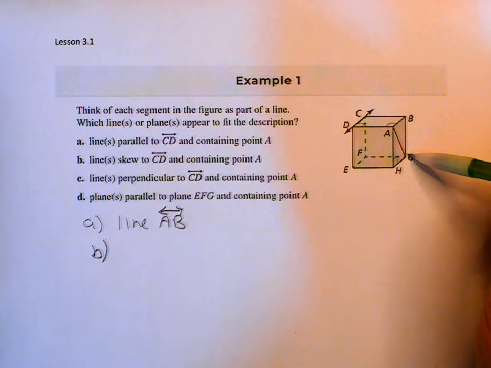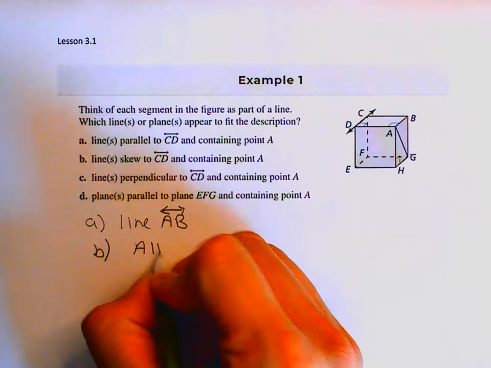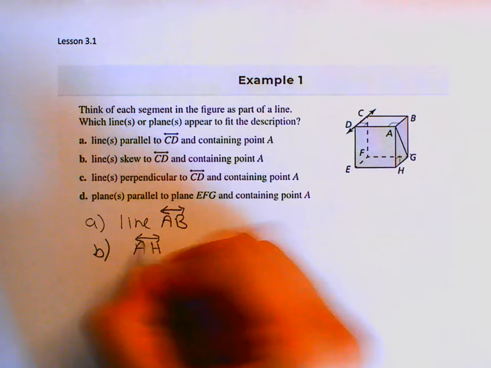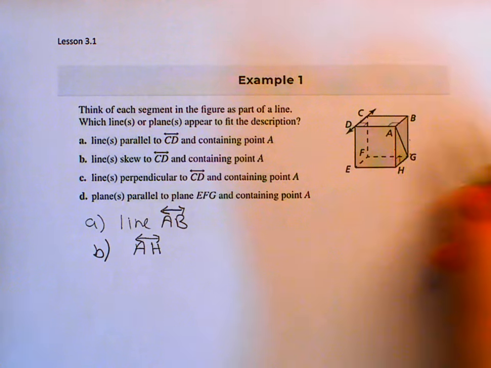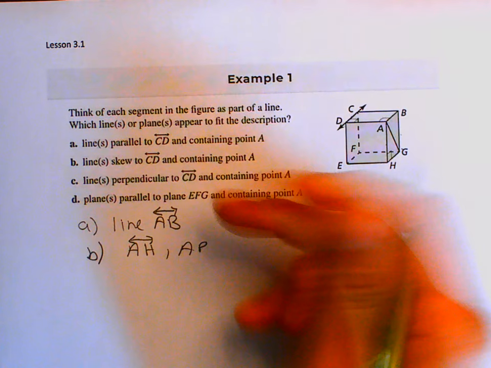Okay, so our solution is line AH, that's this one, and also AG. Whoops, AG.